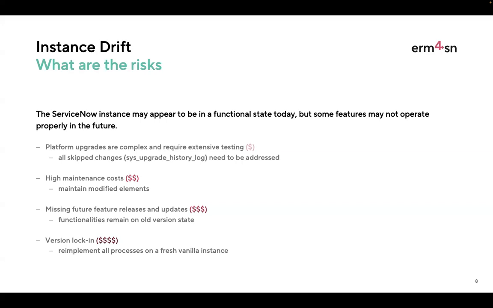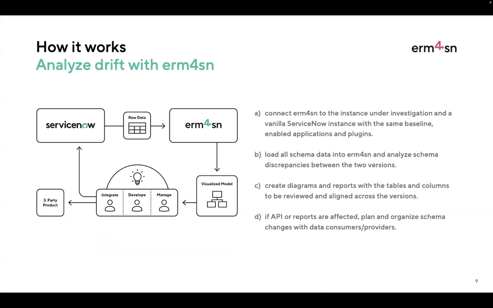So what can ERM for SN do here for you to not become in that situation and protect you from instance drift? What ERM for SN does, as I said, is connect to the instance and download the meta information of the schema.